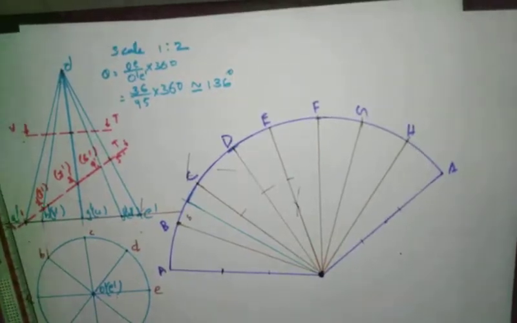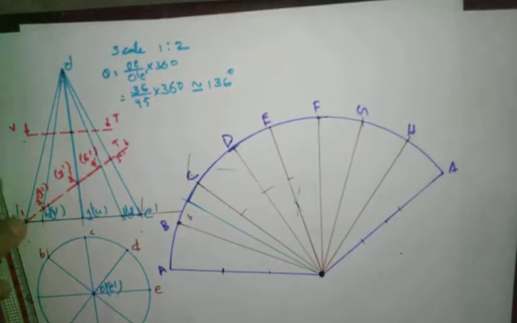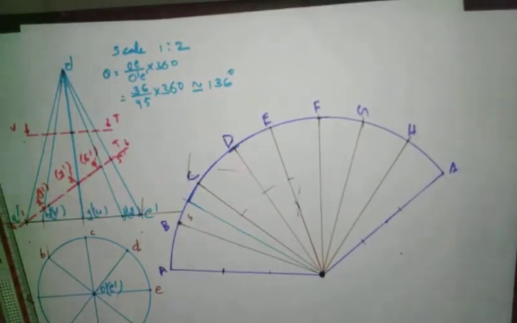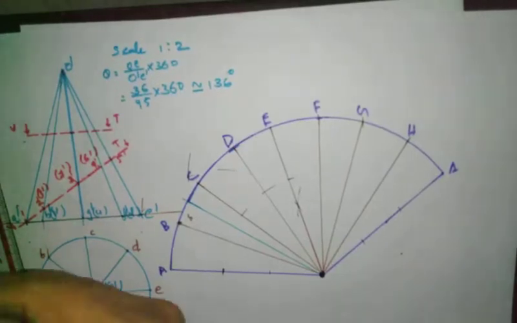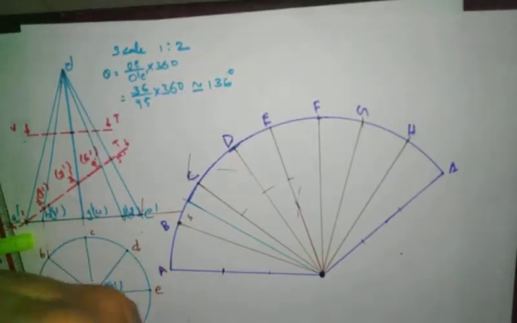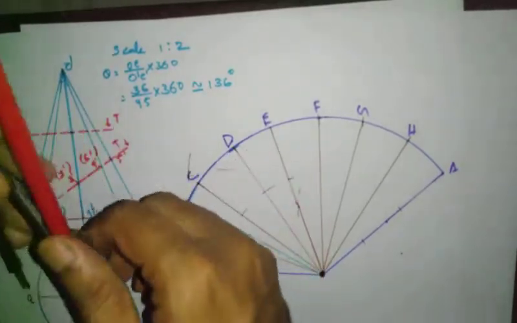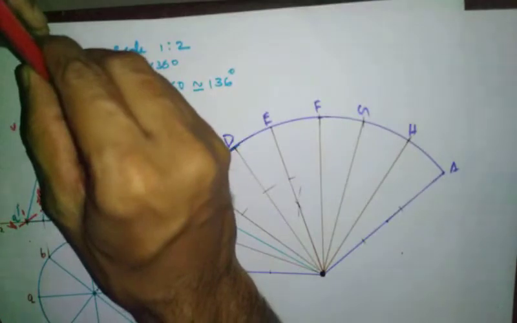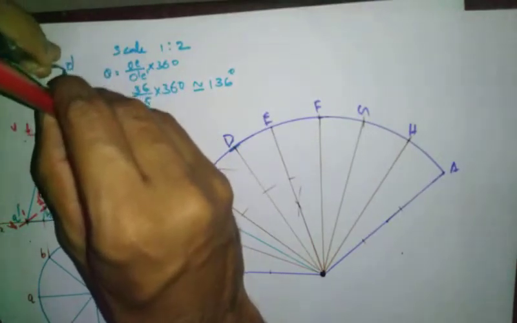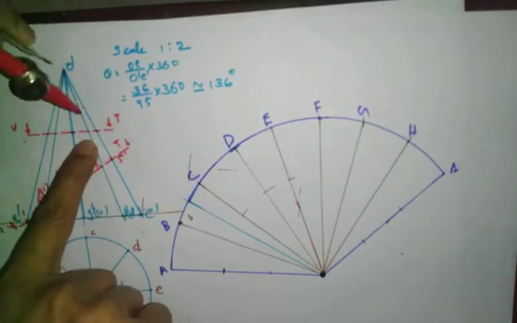Now, to draw the horizontal section plane is very easy. Take the compass and get the distance of the horizontal section plane from the apex on this end generator.